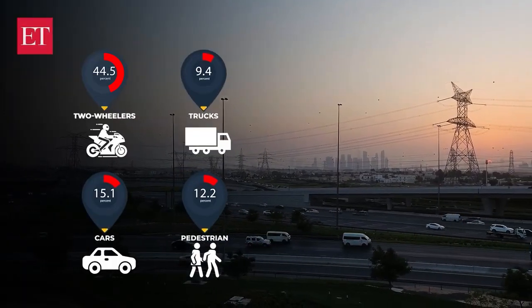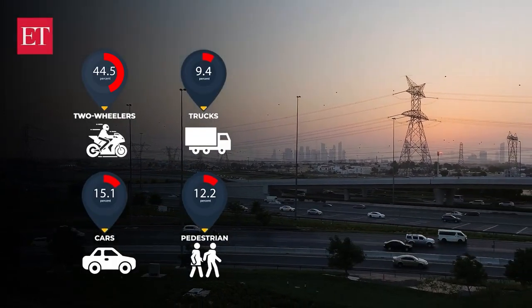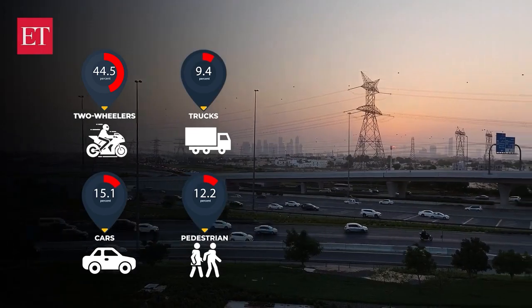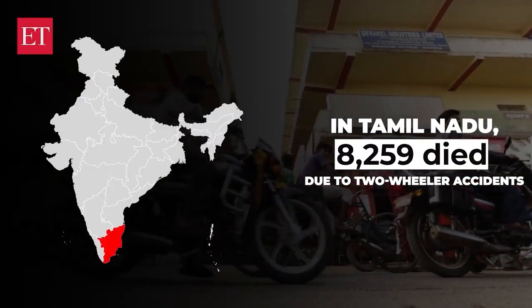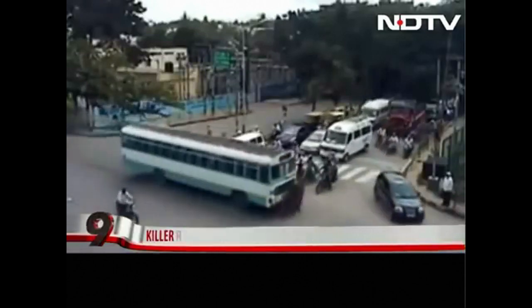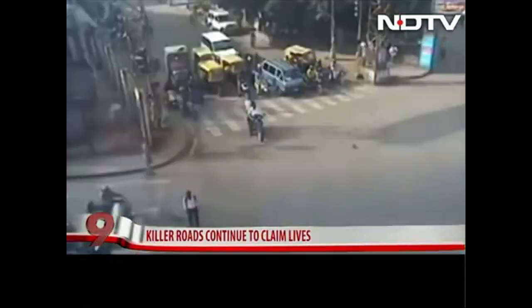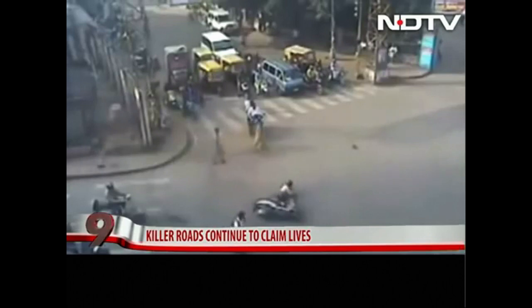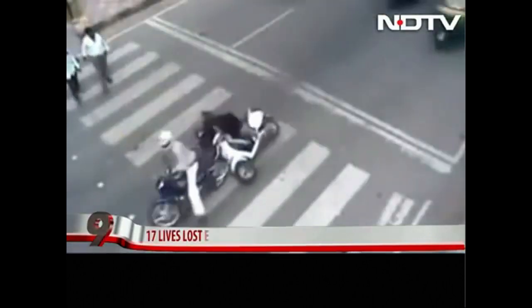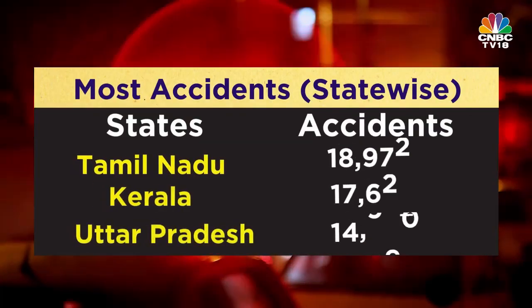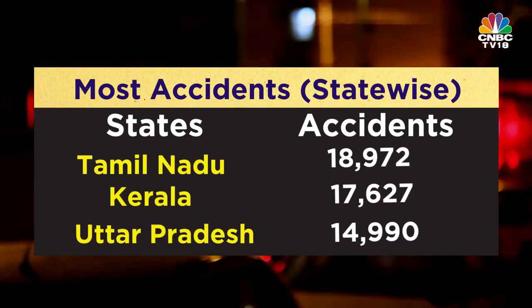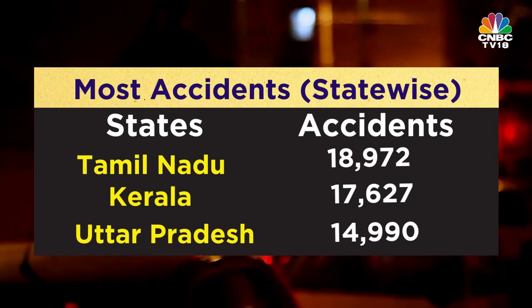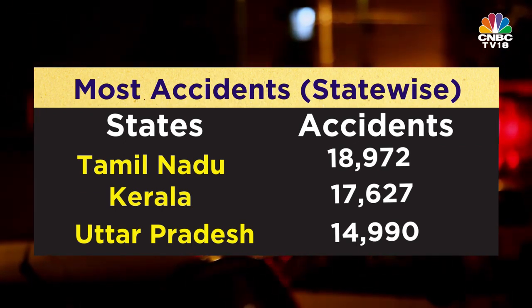Two-wheelers accounted for maximum fatal road accidents with 44.5% of the total cases. The majority of the deaths due to two-wheeler accidents were reported in Tamil Nadu. It is important to note that Tamil Nadu has reported the maximum road accidents, becoming the highest state in the country to record road accidents for the 5th consecutive year in 2020.